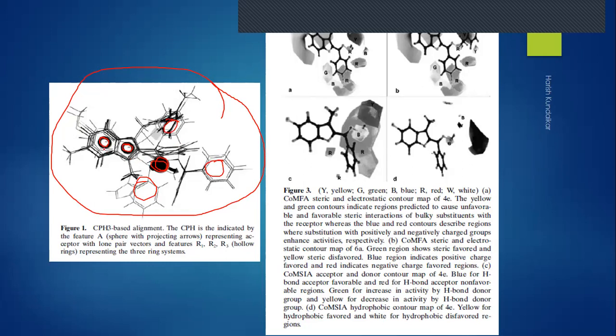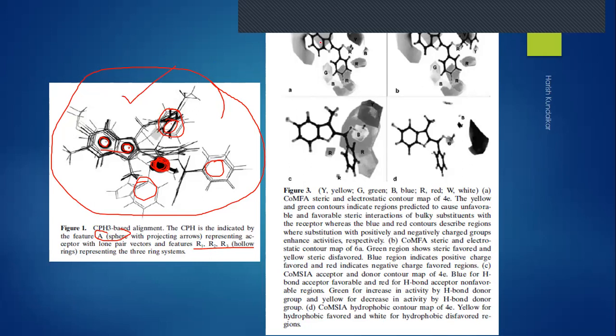These are considered as spheres, and we have three features, R1, R2, R3. These two are definitely not the rings. If we have three rings, one, two, and three, and the hollow sphere, which is indicative of a hydrogen bond acceptor, then that is the pharmacophore. This is how we can visualize the pharmacophore.